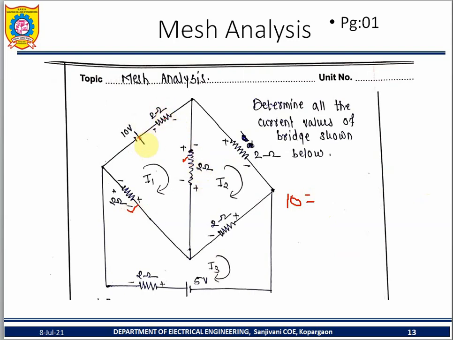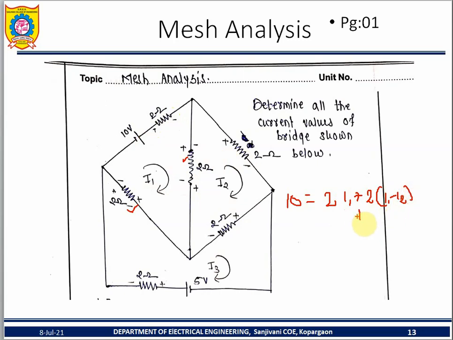So 10 volt is equal to, first the independent one: 2 I1, plus, no minus inside, so plus only. Then 2, open the bracket, I1, I2 is opposite, so I1 minus I2, close the bracket.